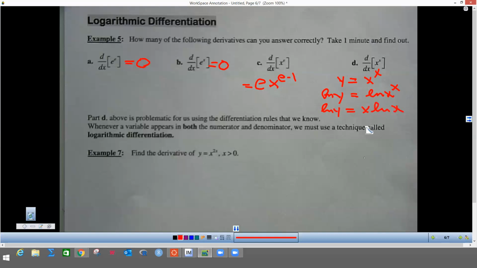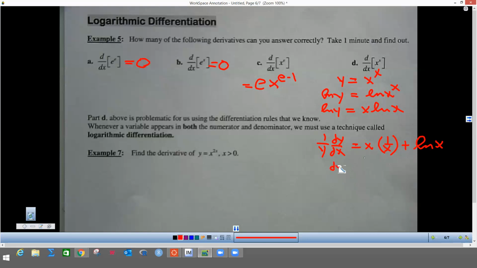And now we can do a derivative of both sides. So when I do the derivative of natural log of y, that is going to be 1 over y. But I'm doing these derivatives with respect to x, so just like implicit on the previous lesson, I've got to put dy dx with that. Over here, I got to do product rule. So I do first times derivative of the second plus the second times derivative of the first, which is a 1, and there's already a 1 there, so I don't need to change that.